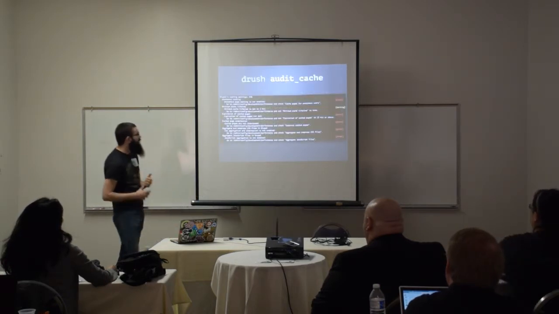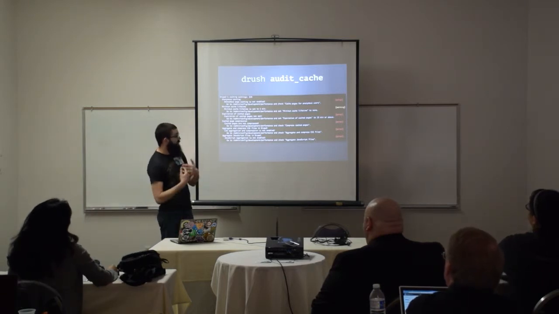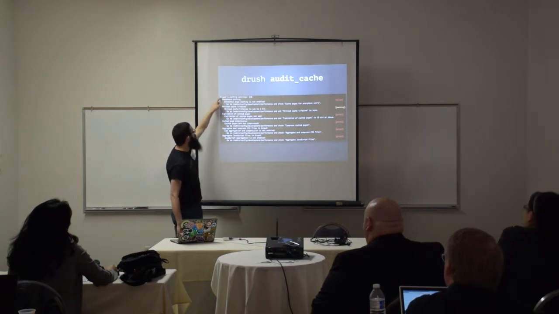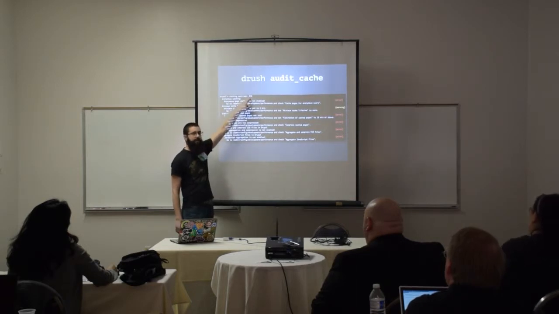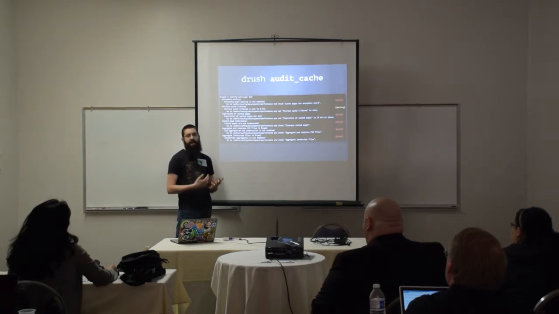Now this is an example of drush audit cache, where there are a number of things that I'd like to highlight. It's a little bit small, so I'll just read it out. Here's the title of the report, Drupal's caching settings, and it gives you an arbitrary number, in this case 31%. It's based on the number of tests that failed or are just in a warning state. If everything is good, it's 100%.